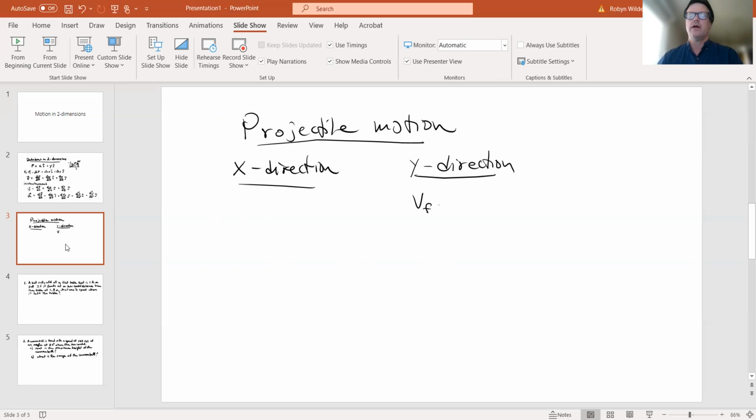We just now have to realize we're talking about the y components of the velocity and of the acceleration and everything. So for example, our delta y equals our average y velocity, so v final y plus v initial y over 2 times t.